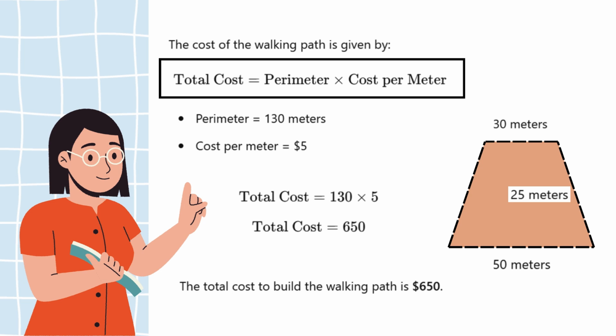For example, here I have drawn a dotted line around the outside, which is the perimeter of the trapezoid, and that is the total length of the walking path. So we know that the walking path is the perimeter, and then we just need to multiply by the price per meter, so we get the final answer, which is the same as just now, which is $650.